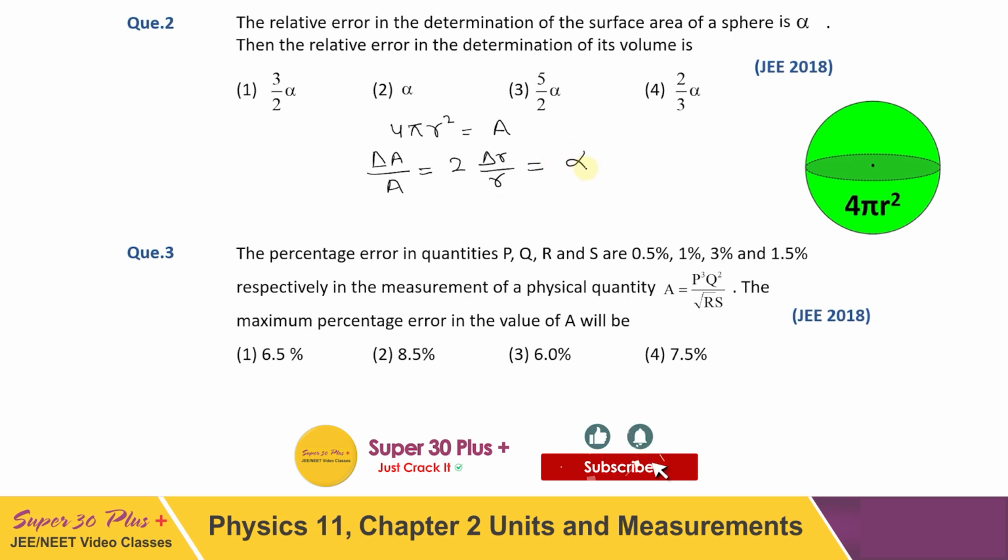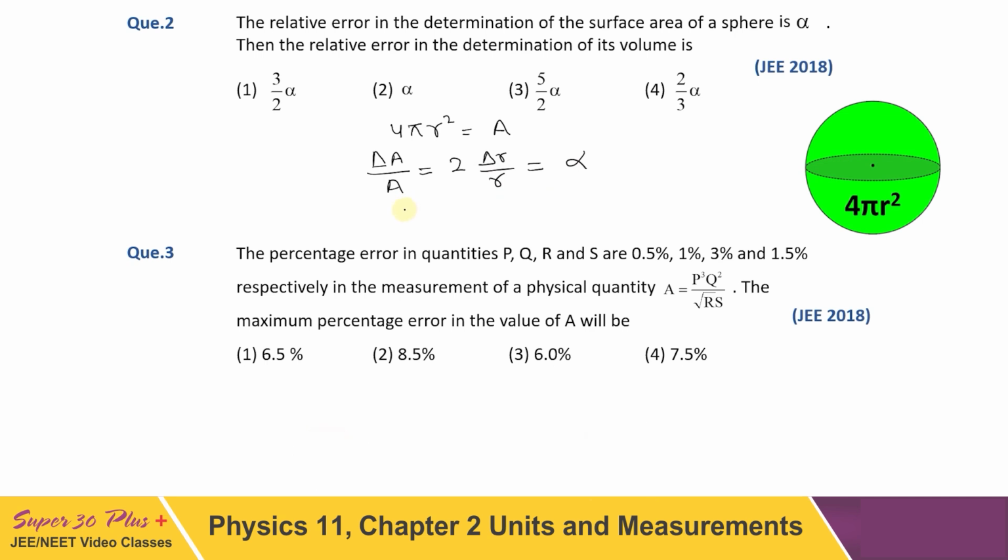Now we have to write relative error in volume. So delta V by V would be, as you know, volume is 4 by 3 pi r cube, so it has to be 3 delta r by r. Now if you substitute the value of delta r by r from above, that would be alpha by 2, so it is 3 into alpha by 2. The correct option is 3 alpha by 2, which is the first option itself.